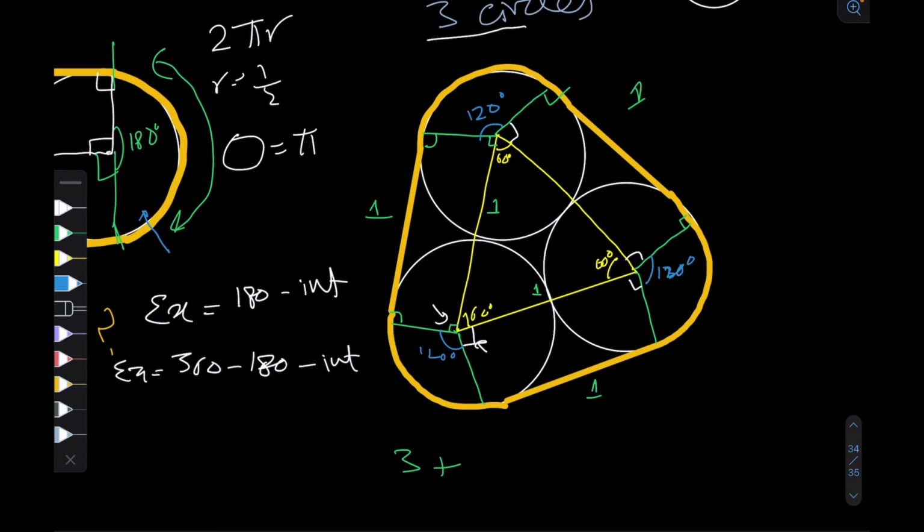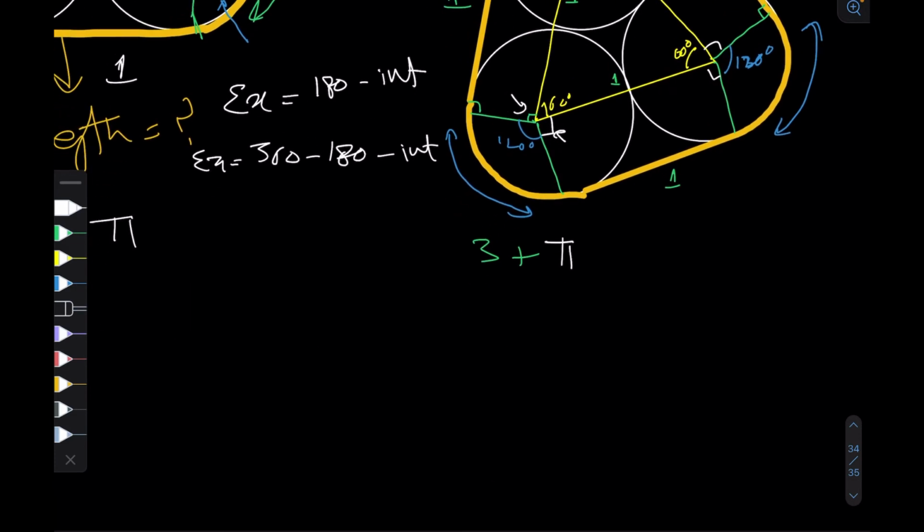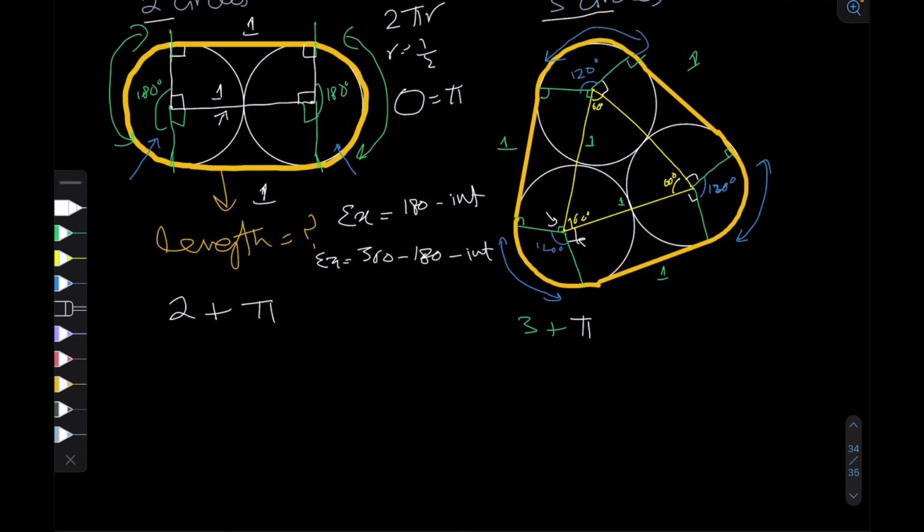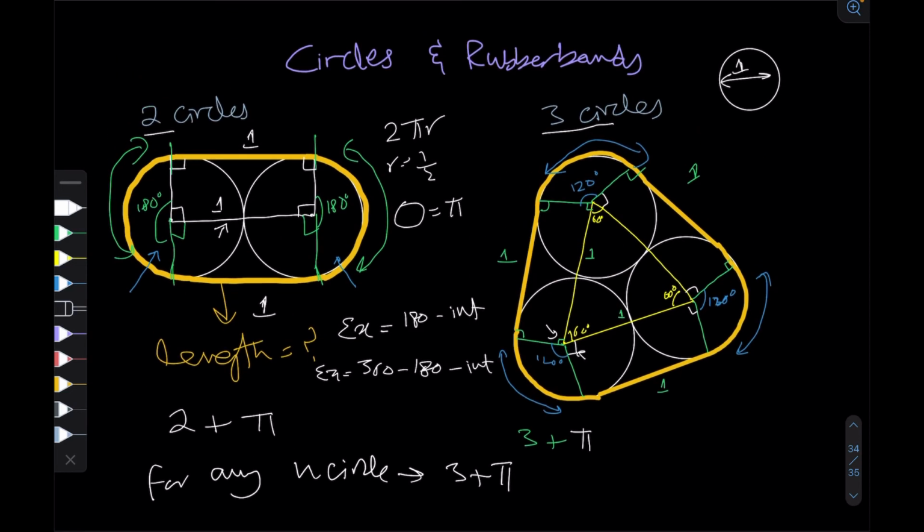So here this is 1/3 of the circumference of a circle, this is the other third, and this is the third. In other words, this also makes a complete circle, and so this will be pi. So generally, for any n circles, the length of the rubber band would be n plus pi, considering that the diameter is 1 unit. Sorry, I said 3 plus pi earlier, but it should be n plus pi.